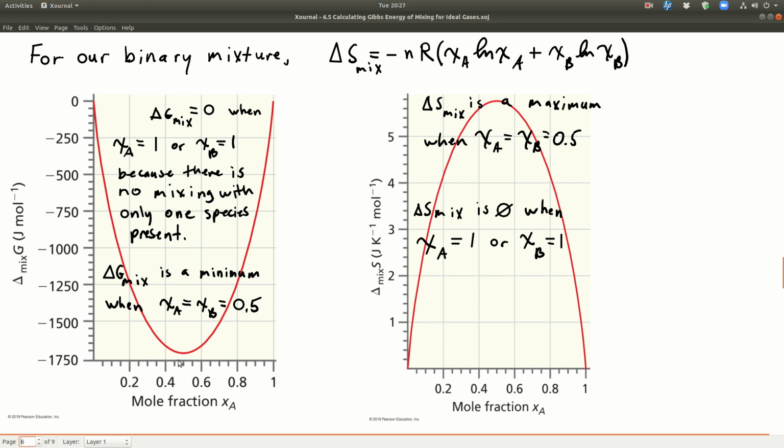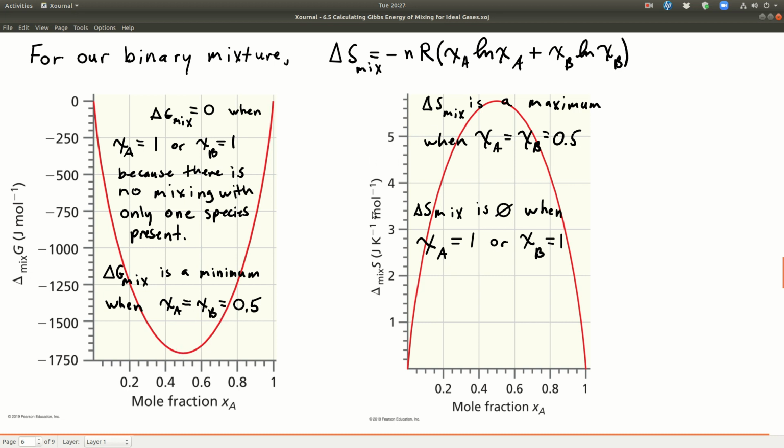When the mole fraction of either A or B is 1, so if the mole fraction of A is 1, that means the mole fraction of B is 0. We don't have any mixing, and delta G is 0 right here. Also, if the mole fraction of A is 0, that means the mole fraction of B is 1. There's just one component, no mixing, delta G is 0. It's a minimum, it ends up when we have equal mole fractions. Mole fraction of A equals B is 0.5.